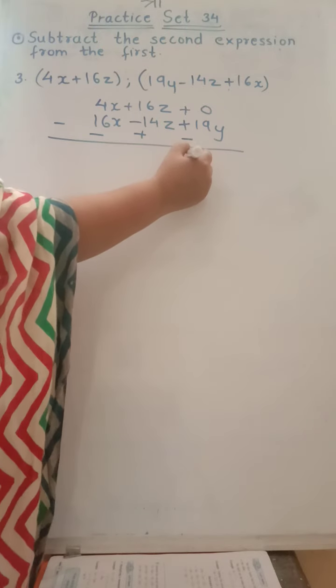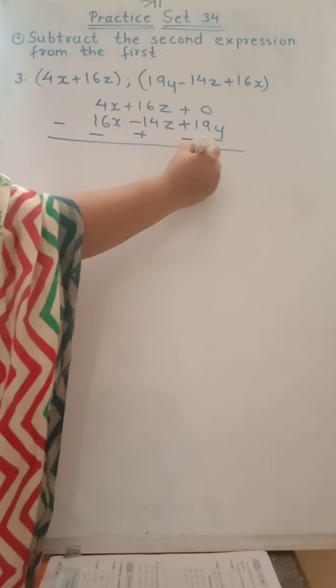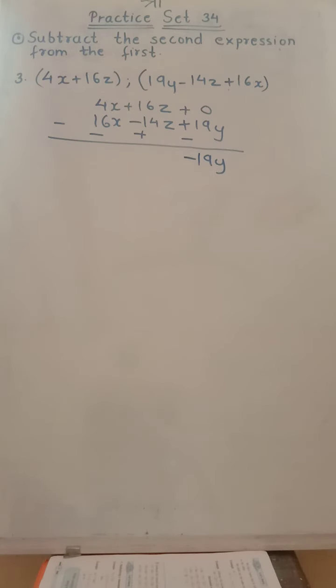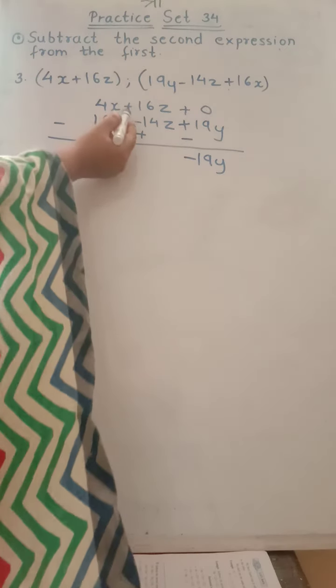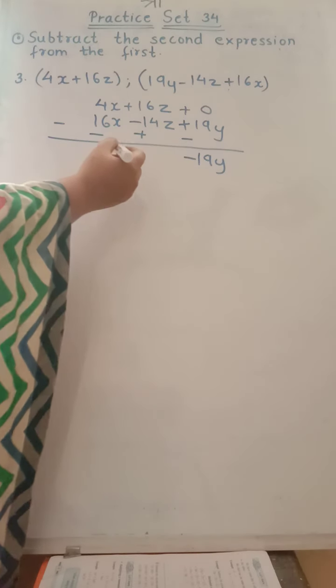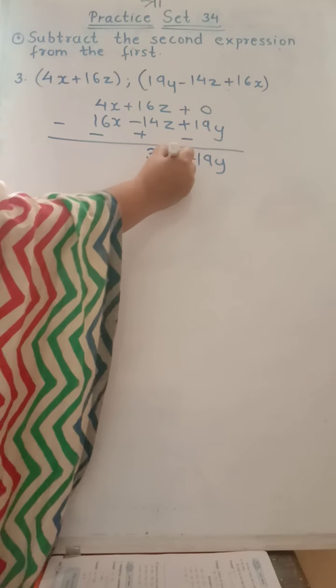So what answer do we get? If we subtract any number from 0, we get that number only with its sign. So it is minus 19y. Now here, is it plus and plus? So it will be addition. 16 plus 14 will give us 30, so we write here 30z.